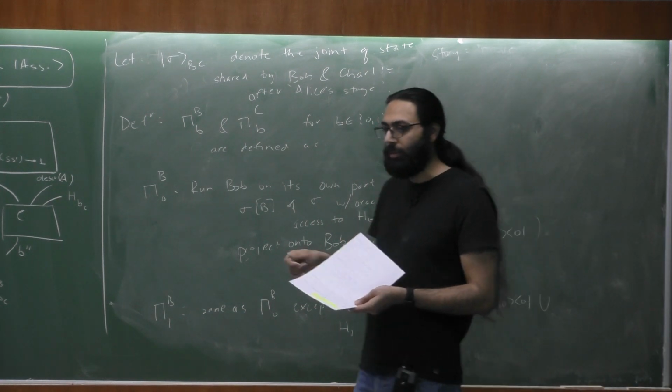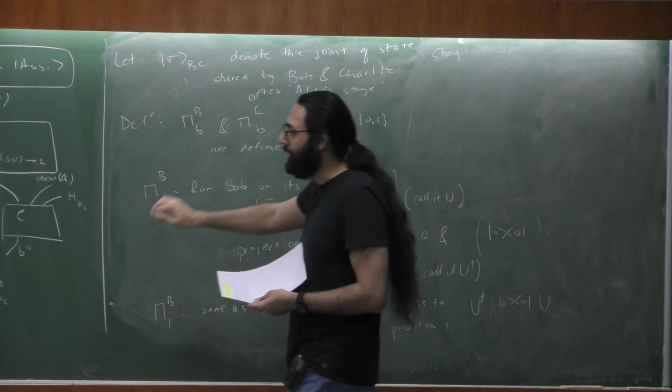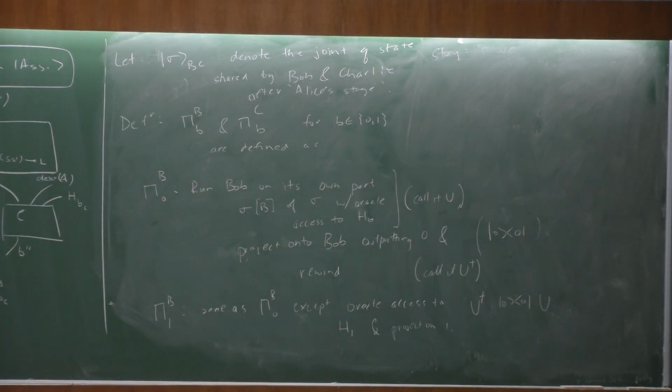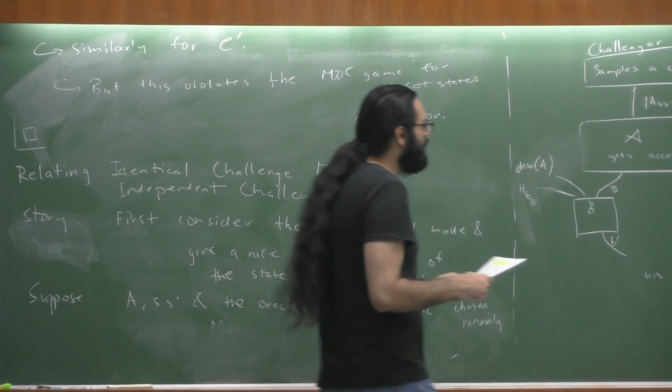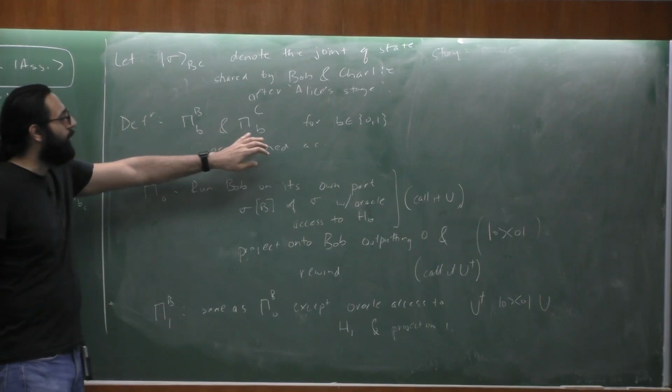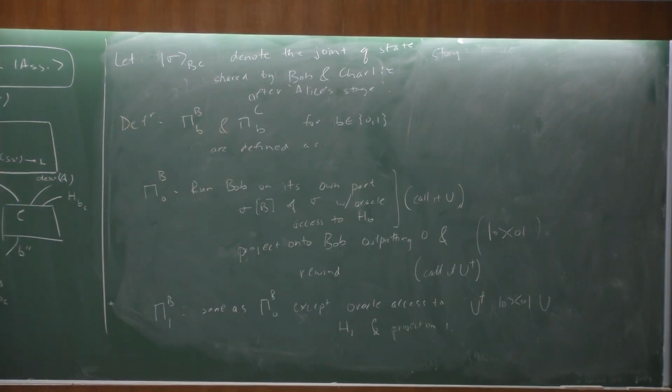You're given the adversary, so you're defining these projectors given the adversary. I didn't write it properly, so these projectors depend on the description of the adversary. Where is U defined? No, you're given an adversary. So he's doing something and you are calling it U. That's it, nothing very deep.